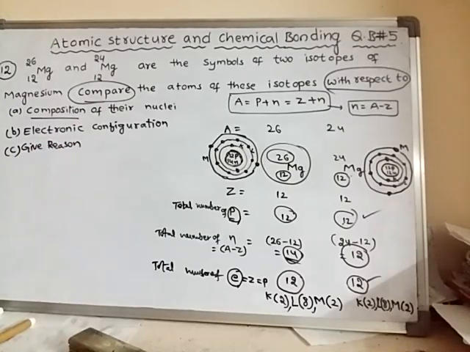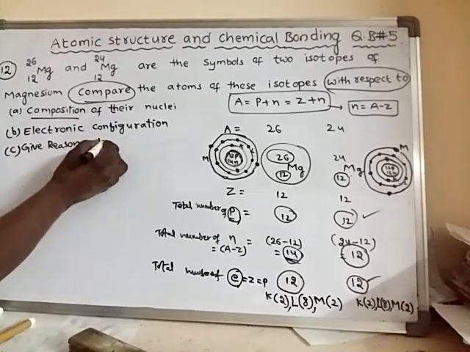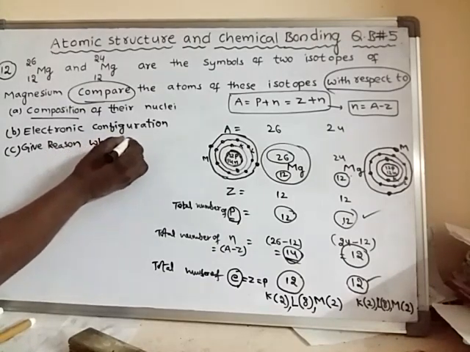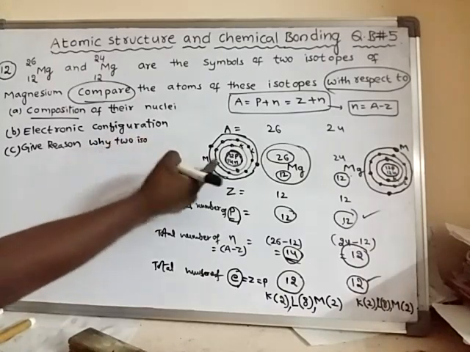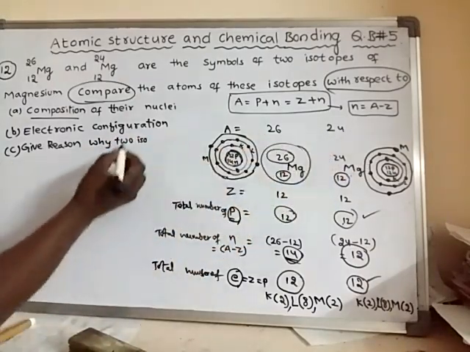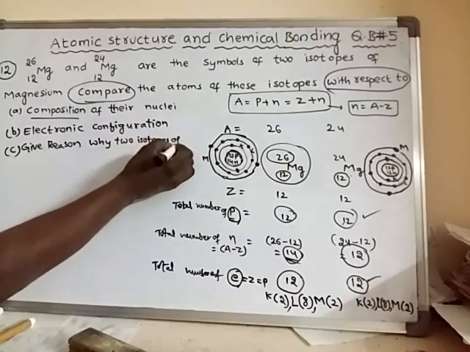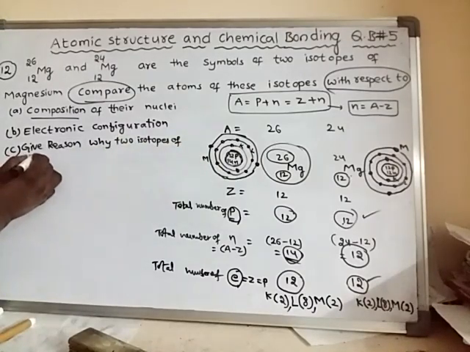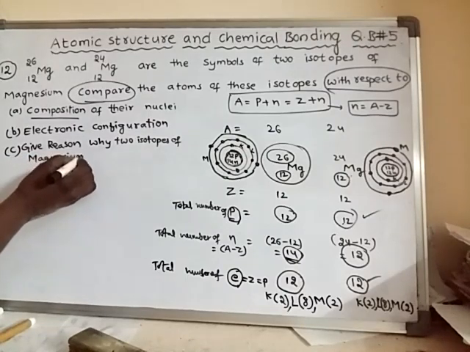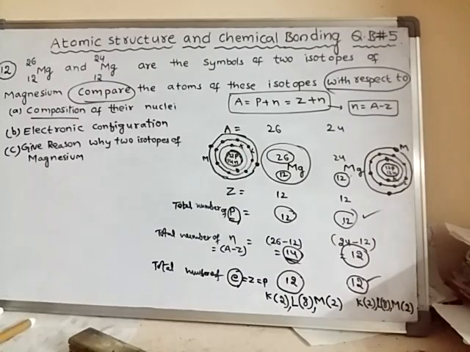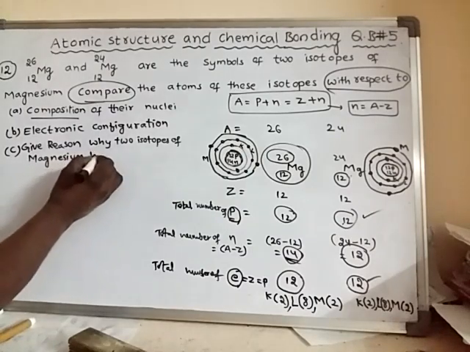Why do two isotopes of magnesium have different mass numbers?